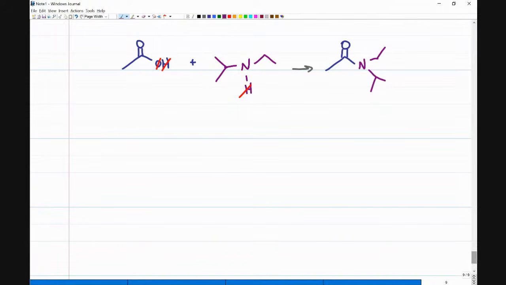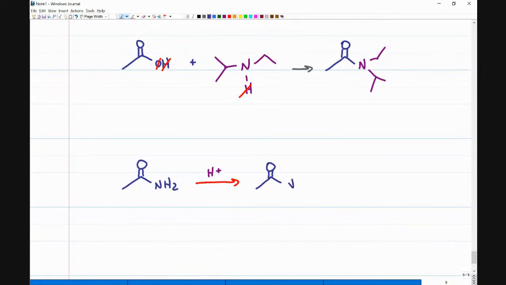But if I take the amide and I flood it with acid, so let's go back to a simple one. If I take something like this, NH2, and I react it with a lot of acid in the presence of water, let's first show what happens with the acid.